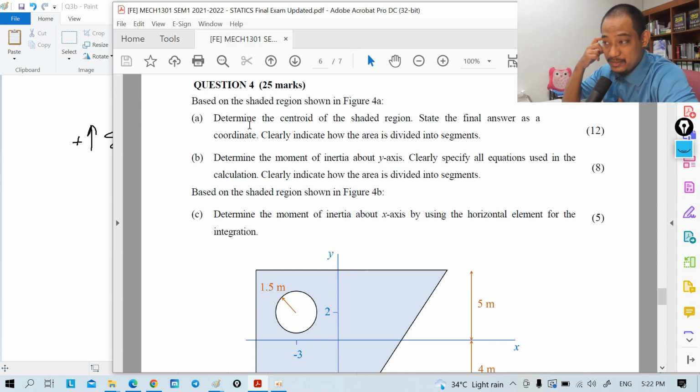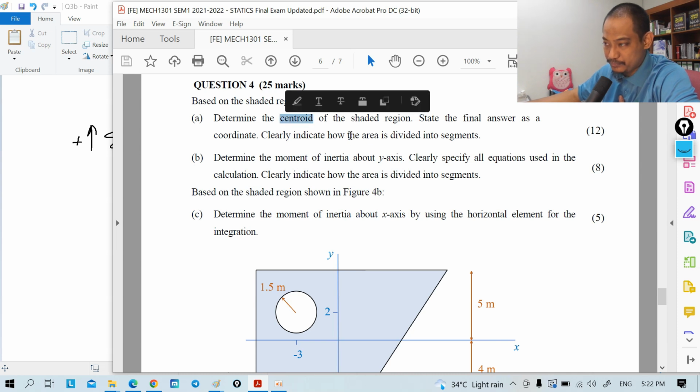So this is actually an instruction that you should divide and clearly indicate how you divide and which segment is which. But it's already a hint that I have to divide. You should know that already, right? So what we need to find is the centroid, and the final answer in coordinate.